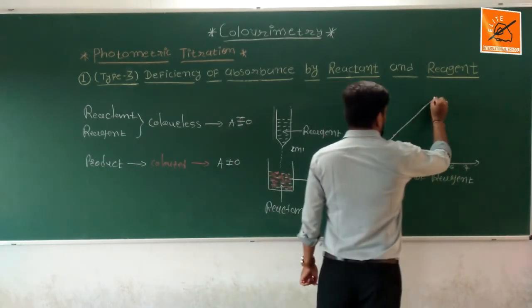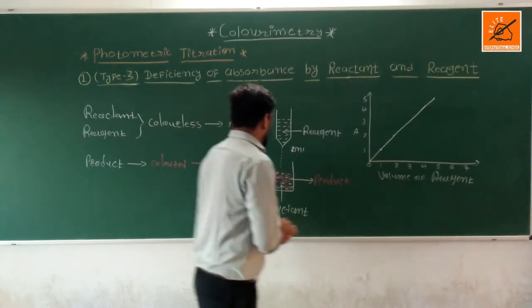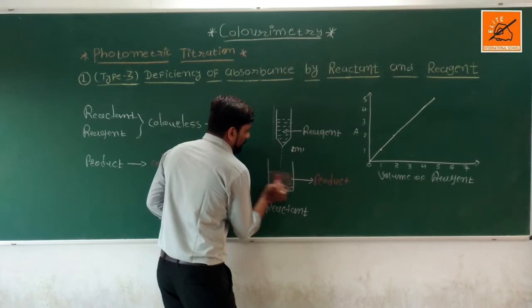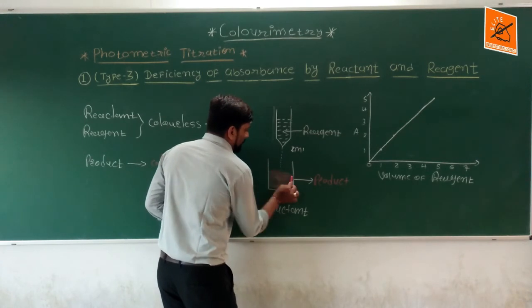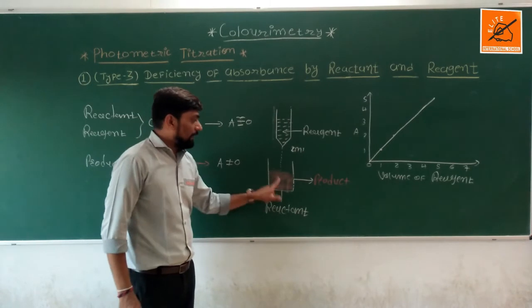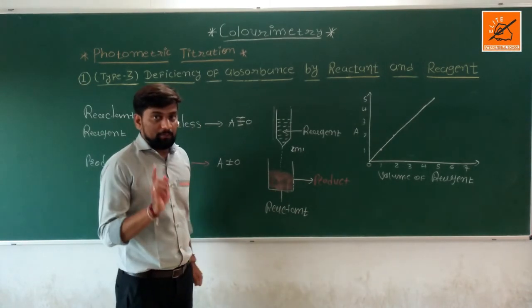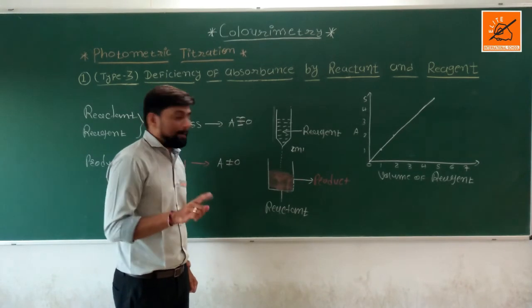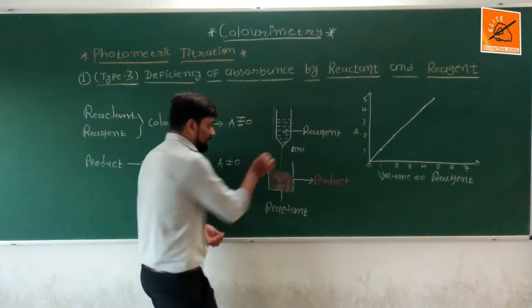Suppose this is the end point, which means all reactant has converted into product. So all the colored product is formed at the end point, and the absorbance value is maximum. After the end point we add reagent.